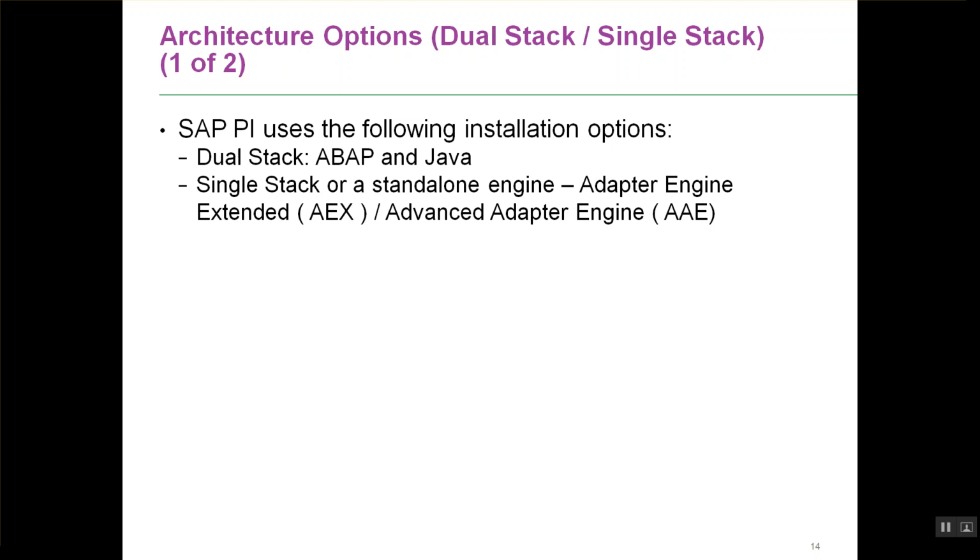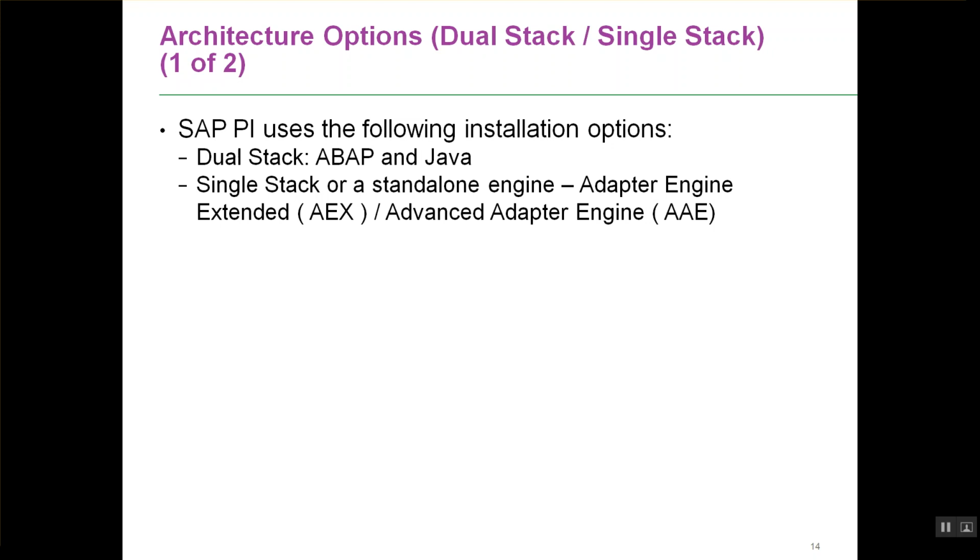We had seen all of that, and now what we are talking about is that from PI 7.31, SAP introduced two installation options for PI. One was a classical installation option that had both ABAP stack and Java stack. The other was a single stack installation of PI, where it was Java only. So only a Java stack was used, and that was called the Adapter Engine Extended and the Advanced Adapter Engine.